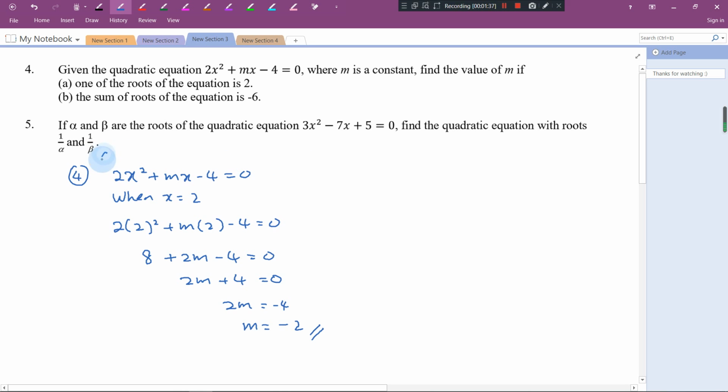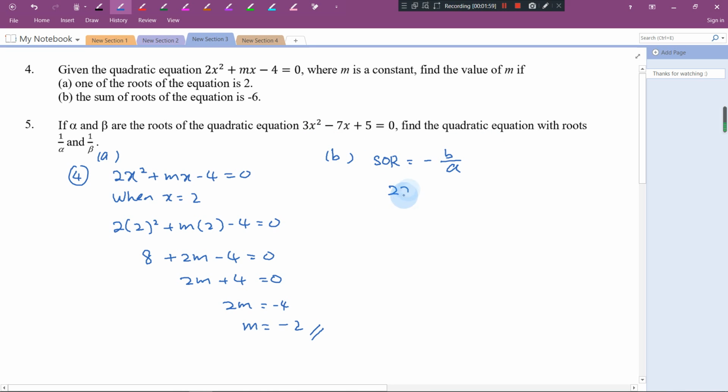Okay, so now let's see part B. The sum of roots of the quadratic equation is negative 6. Sum of roots, so remember what's the formula? The formula is negative b over a.